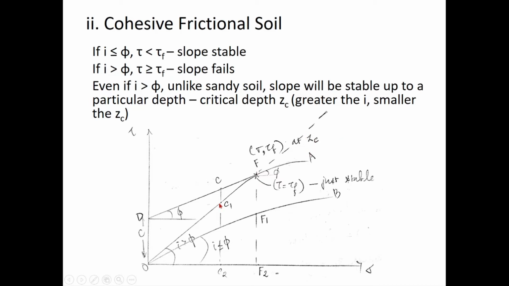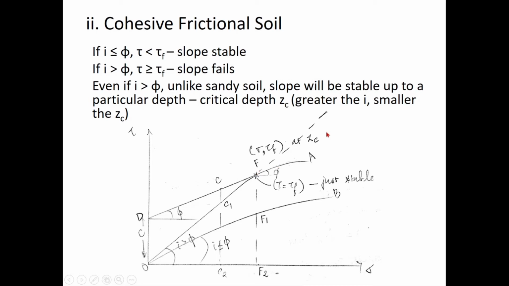Up to a particular depth, my i can still be greater than the angle of internal friction of the soil, but as the depth of the slope increases, the shear stresses induced also increase, and at one particular point your stress combination will be sigma and tau f, which will be at a depth Zc, my critical depth, where the slope is in equilibrium. Any depth further, if you dig any further with an unsupported excavation, your slope is going to fail.